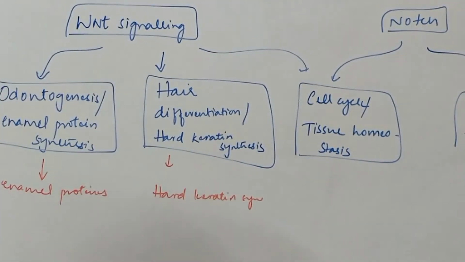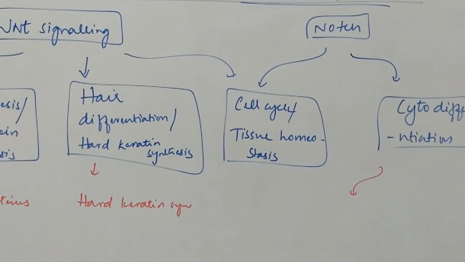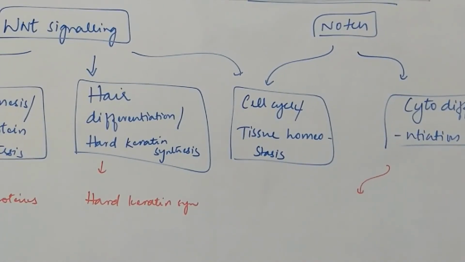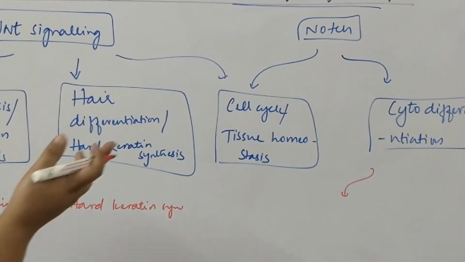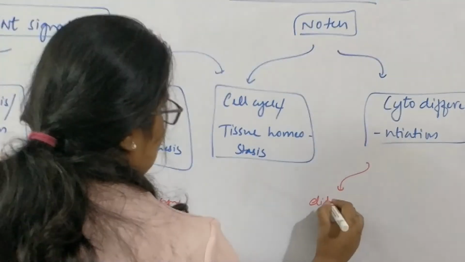Similarly, cytodifferentiation. Here also, you know that a ghost cell is nothing but a differently differentiated or altered cell, which has differentiated differently. So that is also one example of cytodifferentiation. It is a differentiated cell type.